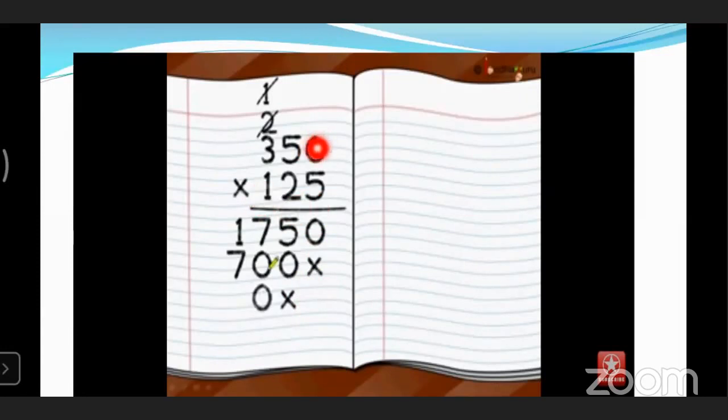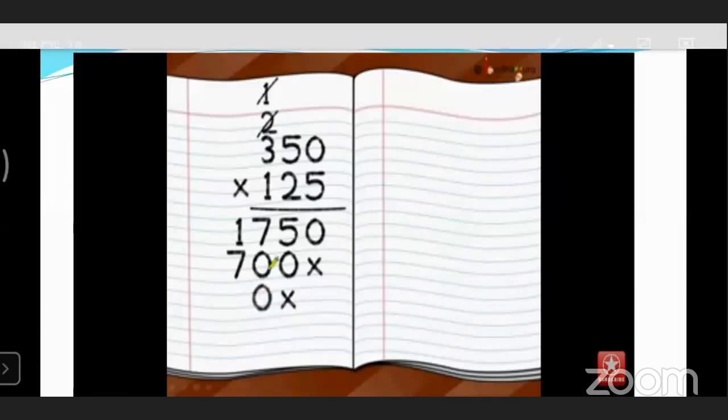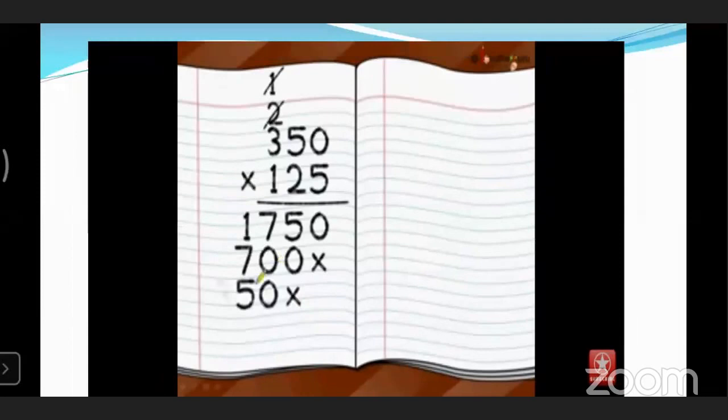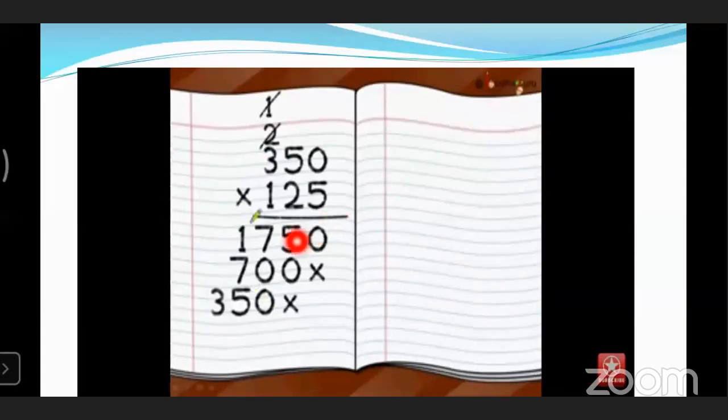We are multiplying by 1. So 1 zeros are 0. 1 5s are 5. See, I have written here. And 1 3s are 3, right?